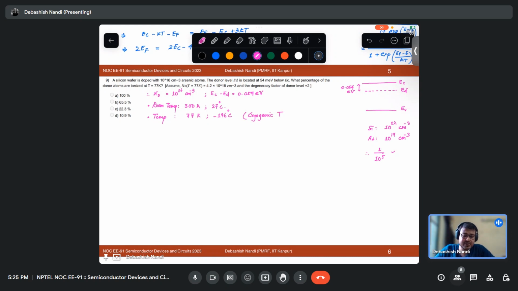There is a lot of research going on in the cryogenic temperature range. If you have heard of quantum computing, have you guys heard of quantum computing? So IBM is making one kind of quantum computer.